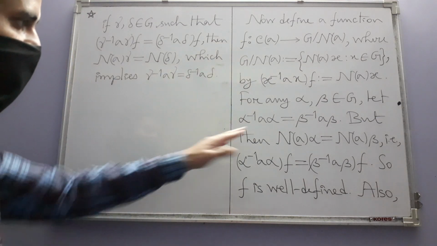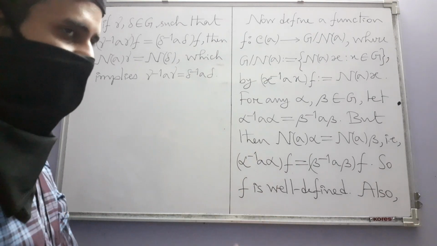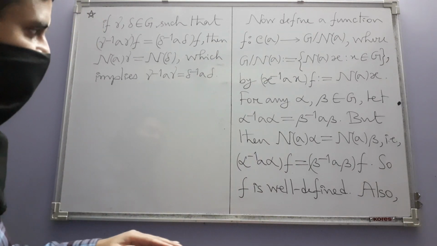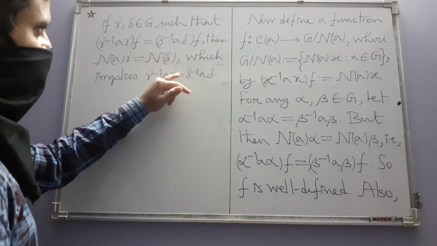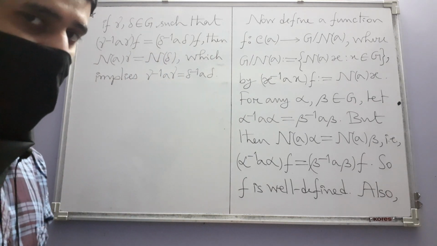So if inputs are equal, then outputs are equal. That shows that the function is well defined. But if the converse is also true, that when outputs are equal, then so are the inputs, that means the function is one-to-one, it's injective.